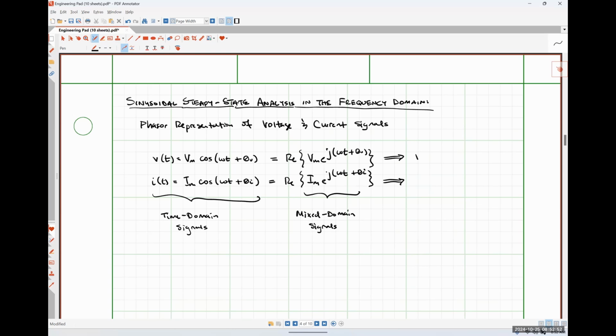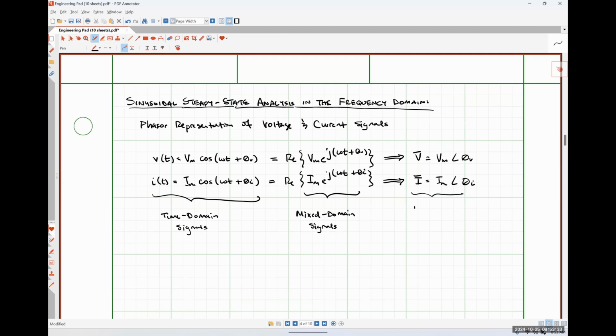So our voltage phasor V, I'm going to use a capital letter here, and I'm putting a bar over it. So this is telling you guys, hey, expect a complex number. So this is literally just going to be the magnitude and the phase angle, and we throw everything else away, which is literally exactly what we did a couple of moments ago to do the math that we were doing. And our phasor current I is just going to be Im angle theta I.